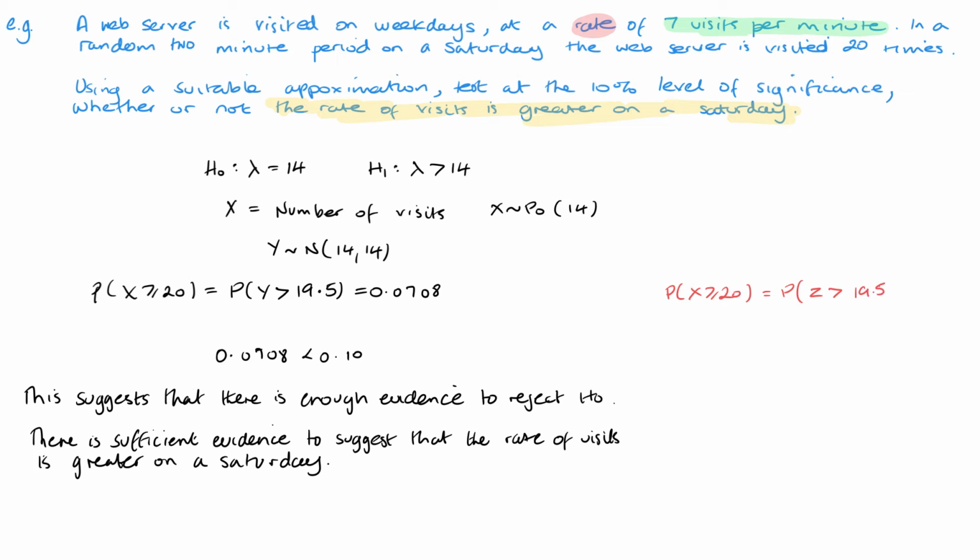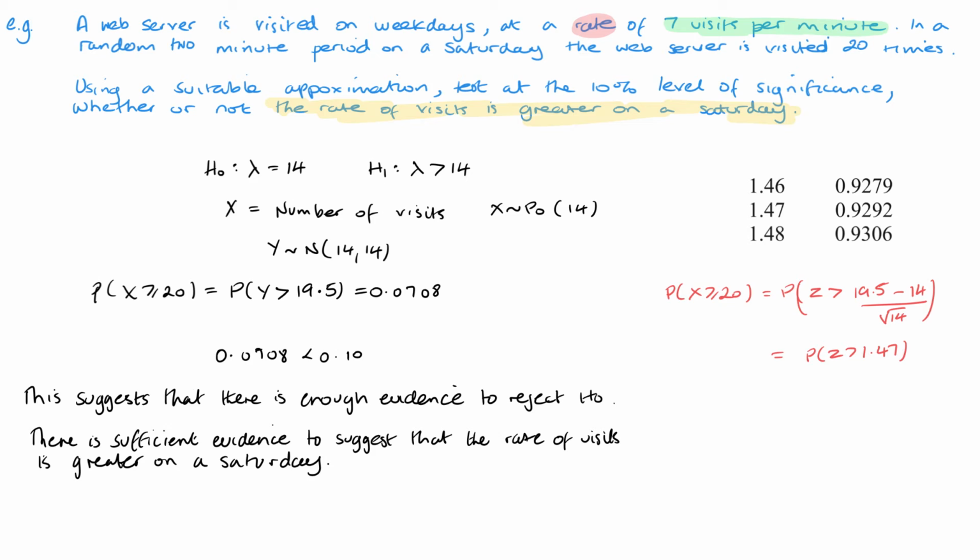And Z is going to be the X value, don't forget about that continuity correction we talked about earlier, minus the mean, over the standard deviation. And that should give us a value of 1.47. And here you can see I've got that 1.47.